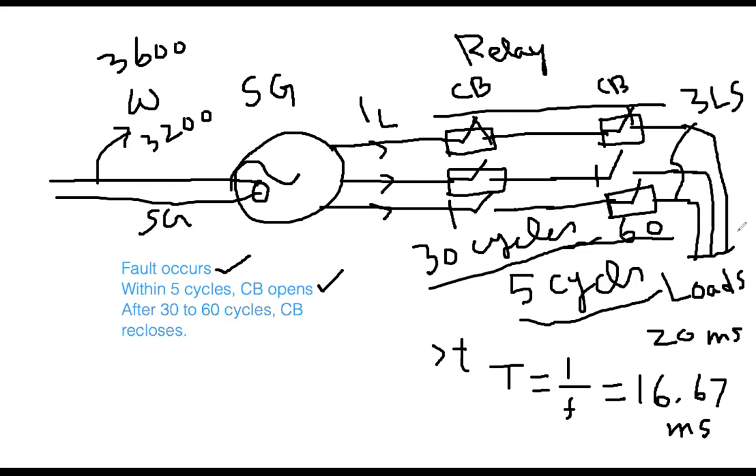To maintain the continuity of power, so that the customers are not without power for a long time. Now, if this is the fault and short circuit, I assume that the fault has been removed or cleared, and then I reclose the breaker.